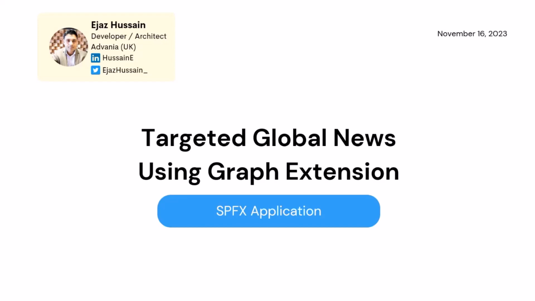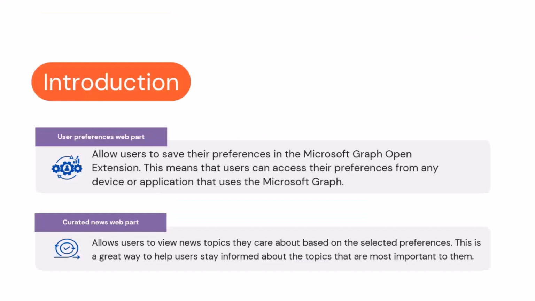Today we are looking into a scenario where we are trying to get the targeted news for a user using the Graph Open extensions. What we're trying to achieve here is, most of the time, especially when you're working on intranet applications, you always want to get targeted news.